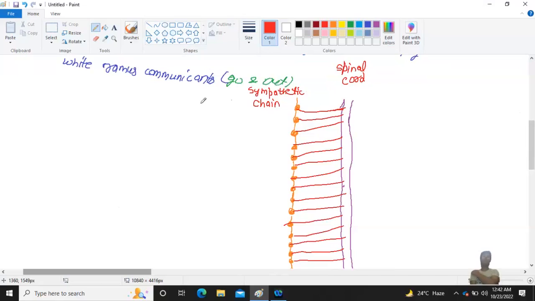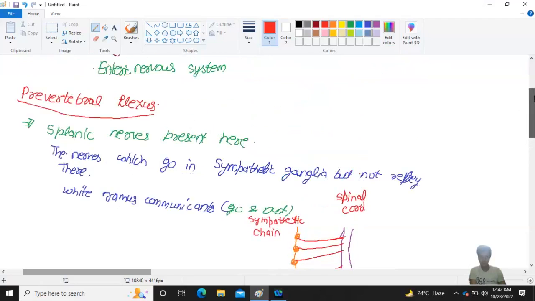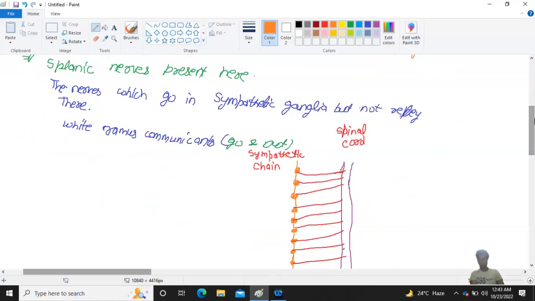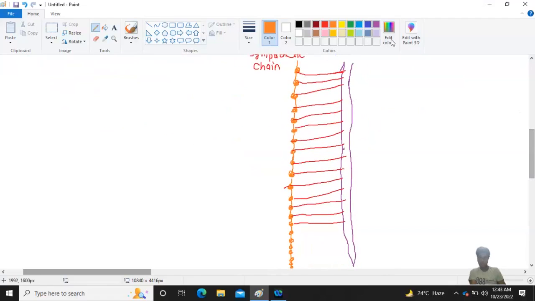It is a plexus of nerves that forms around the descending aorta. So first, how does it form?